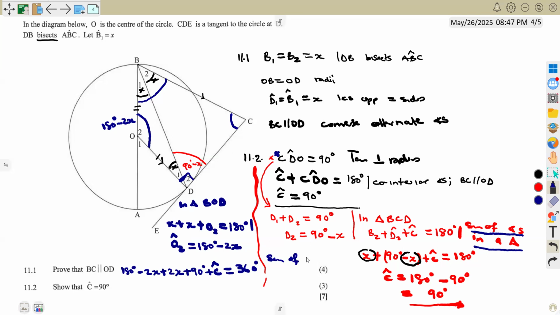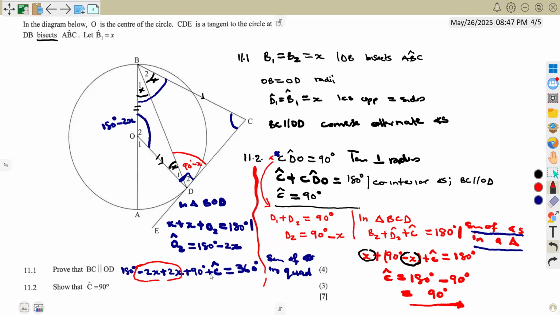Sum of angles in a quadrilateral. Then take note, this part, minus 2x plus 2x, will cancel out.